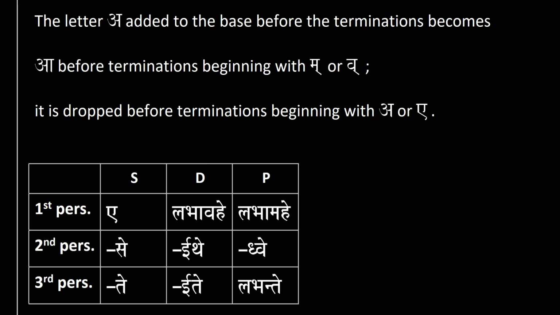So the a is dropped, so you end up with a halant. But once that halant is followed by a vowel, then that halant is going to be removed and you're going to end up with labhe. And the rest we should add it, right? Because nothing else begins with a ma and nothing else begins with a bha. So let's get started and add the rest.